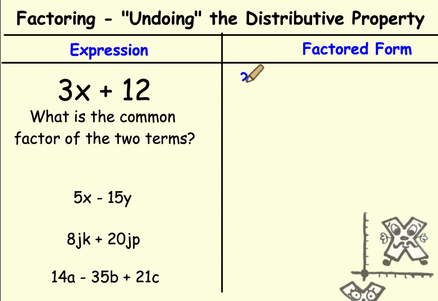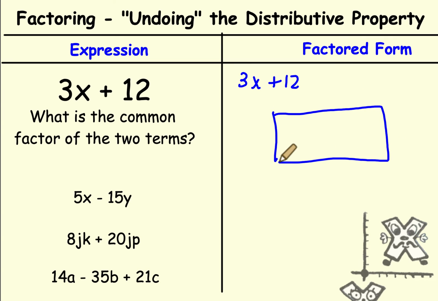So 3x plus 12. Okay, if I wanted to use a box, I would think about 3x plus 12. And I want to take out a 3. So I would think, okay, if I have 3x and I divide it by that 3, what would I get? I would get x.